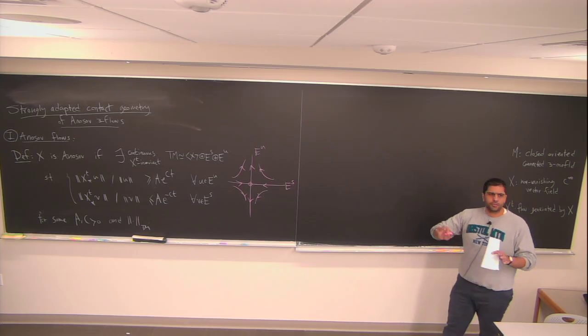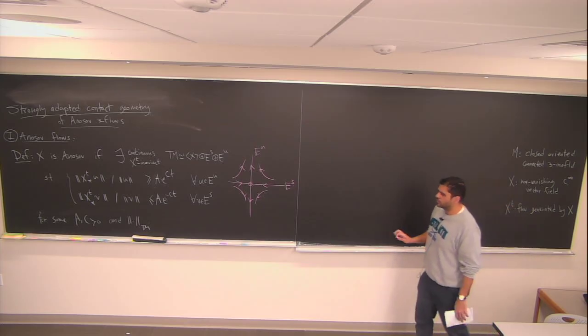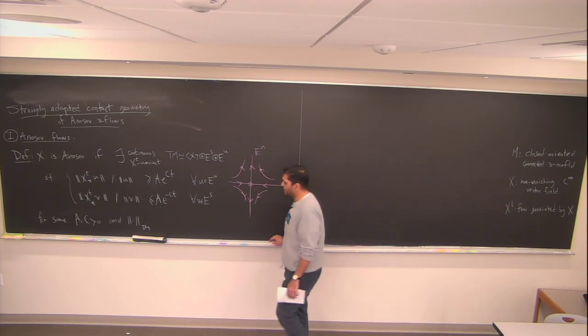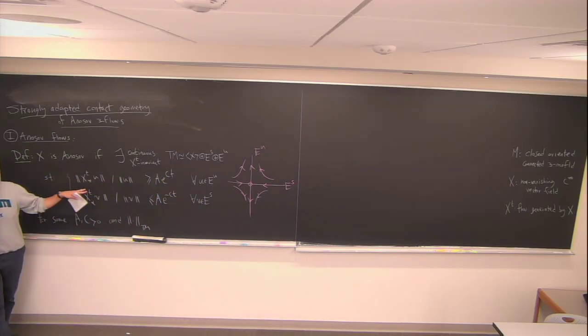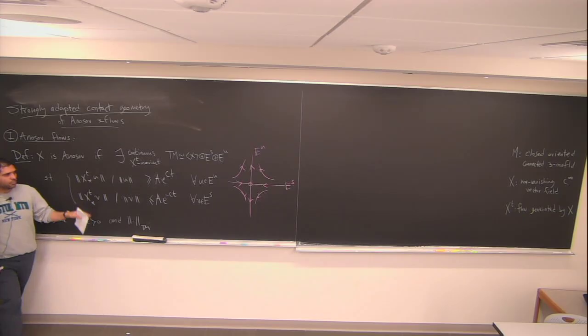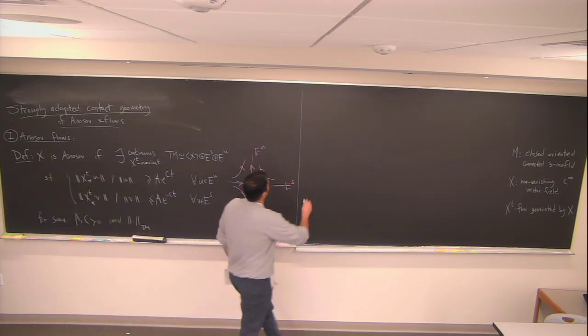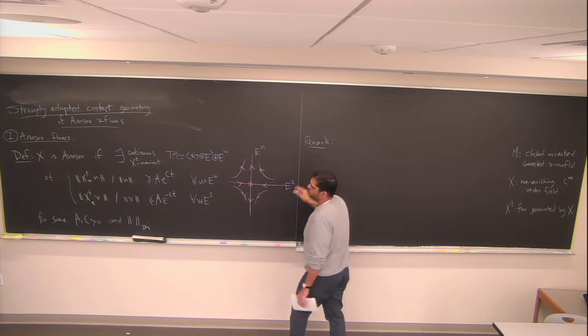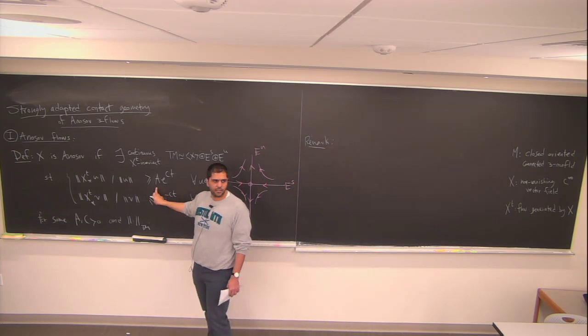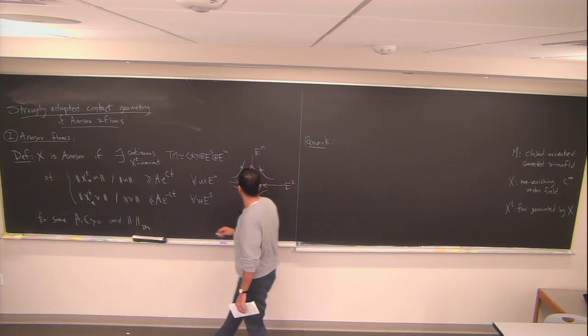But if you want to pause and meditate on the definition for a second, you notice that what this definition is telling you immediately is basically eventual expansion and contraction. What do I mean by that? Suppose in this definition this constant A is less than 1.